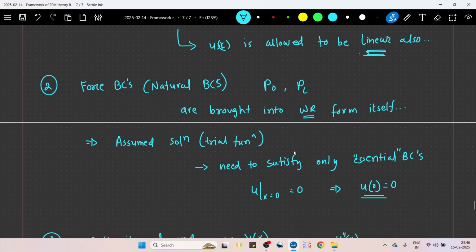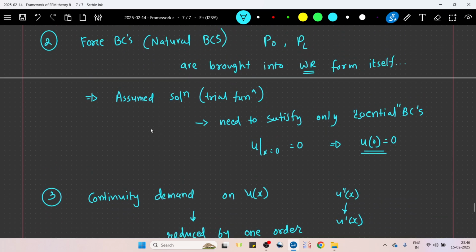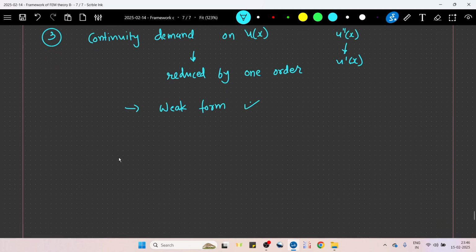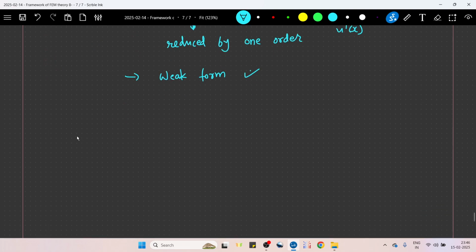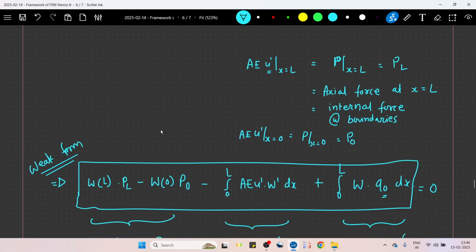The second observation is that force boundary conditions are embedded into the weak form itself, so I'll say not the weighted residual but the weak form itself. And the continuity demand is reduced. So this is our weak form.